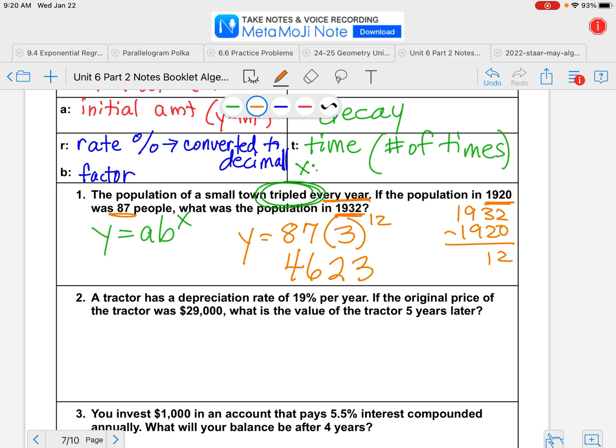That's a lot of people because it's exponential, so it increased exponentially. So it is 46,235,367. Since we're talking about population or people, if there were a decimal, you just chop it off because we go to a whole number when we have people. Obviously, this is not a realistic scenario, but that's how you would do that problem.